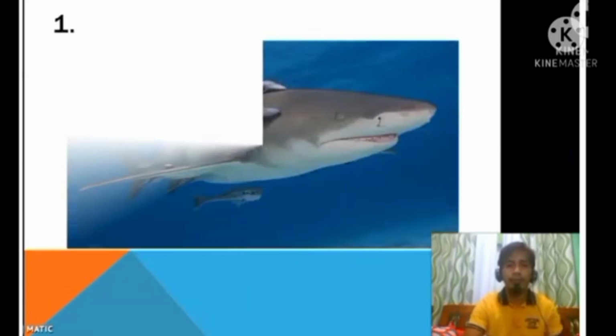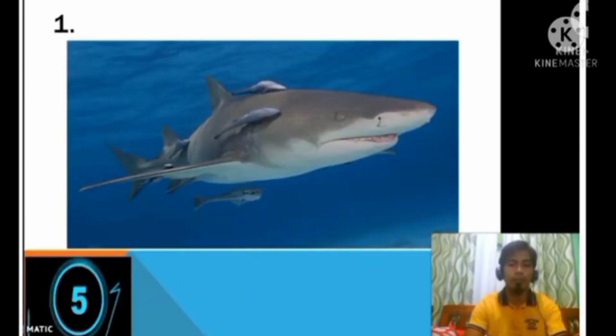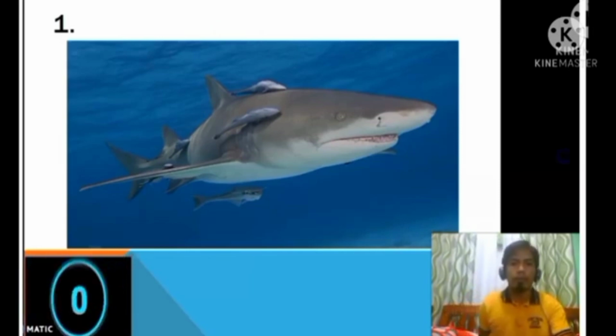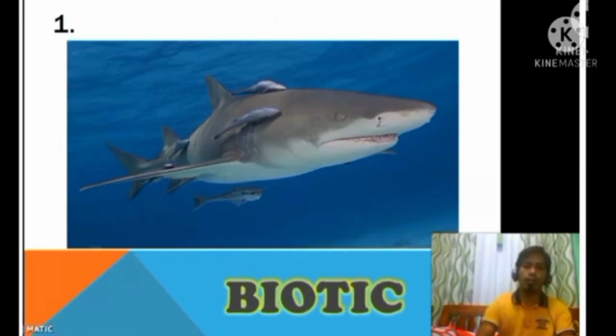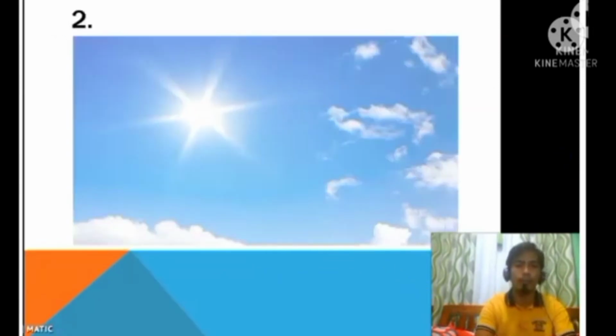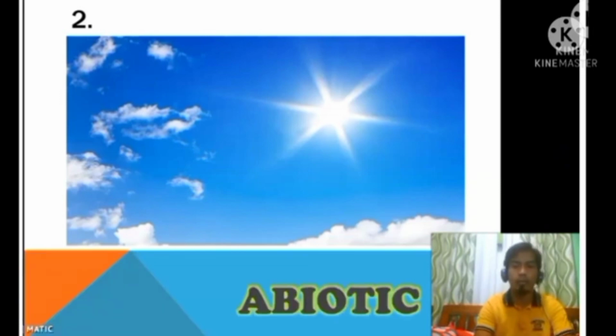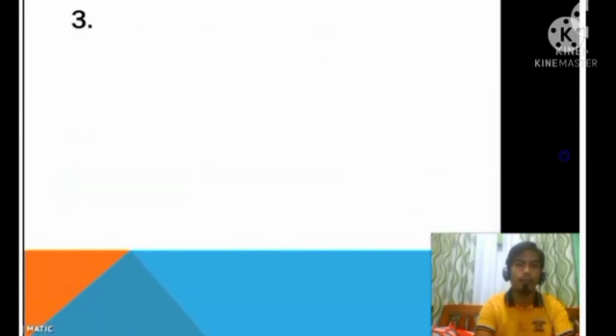Number 1. Okay, so the answer is biotic component of an ecosystem. Number 2. The answer is abiotic. So that is the sunlight, abiotic component of an ecosystem. Number 3.